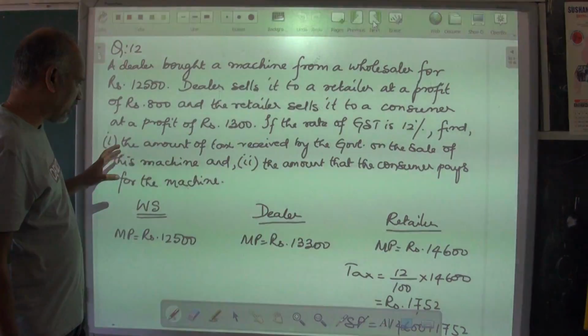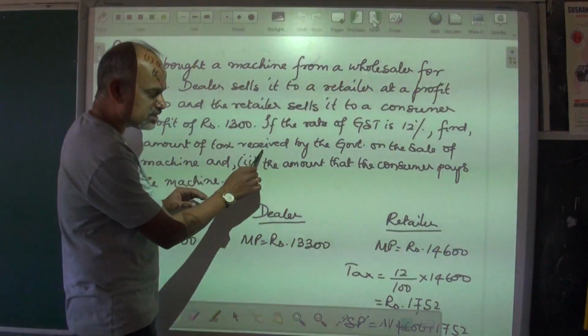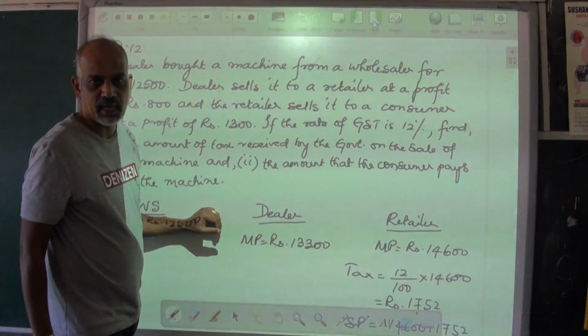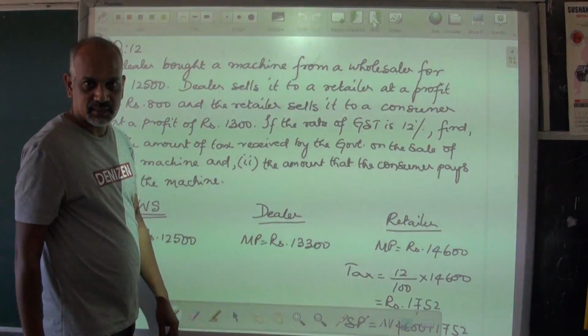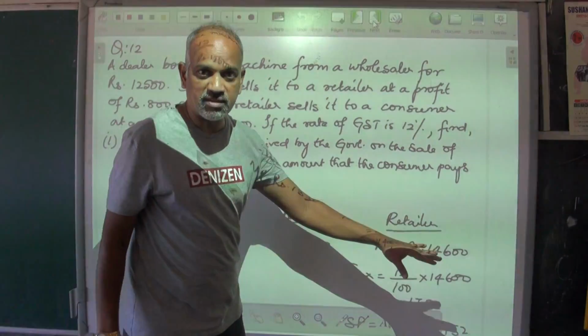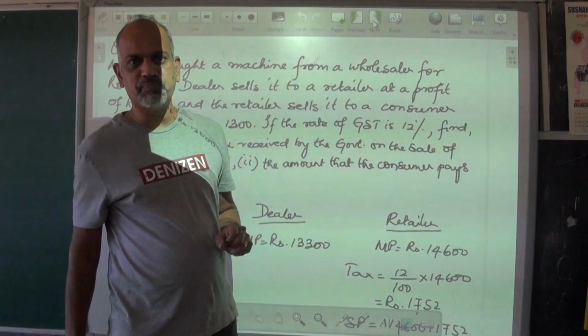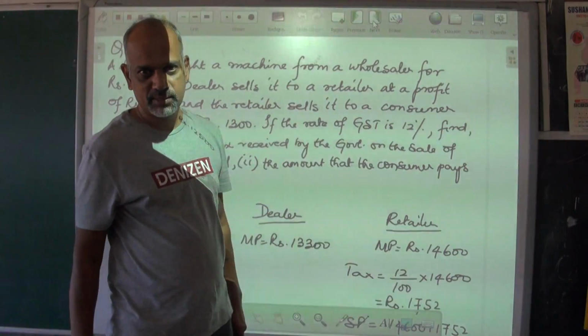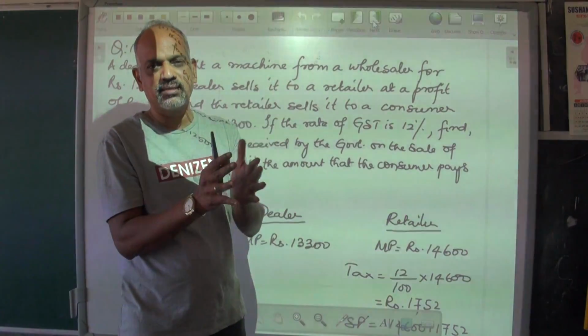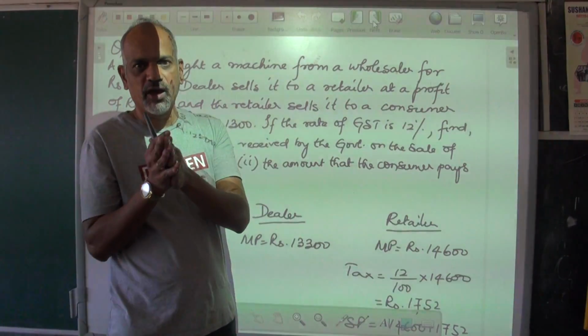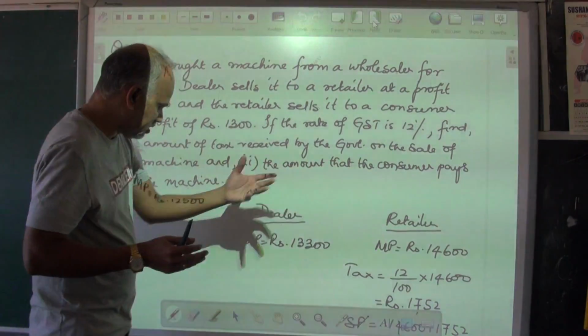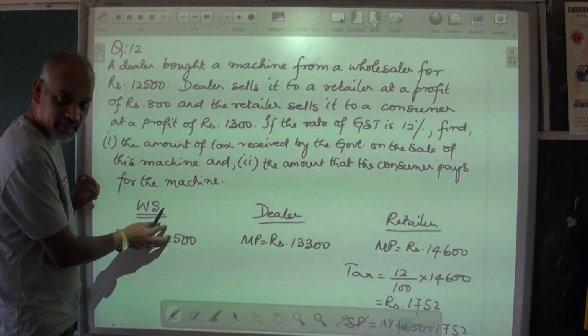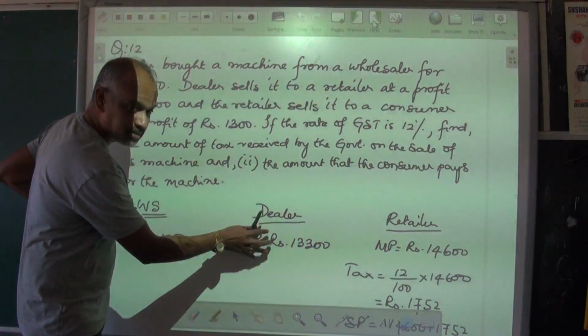Find, number one, the amount of tax received by the government. As I told you in the previous case, the amount of tax the government receives is the tax that is paid by the customer. Whatever final tax the customer pays, that is what the government receives. So there is no need for you to find the tax in the earlier cases.